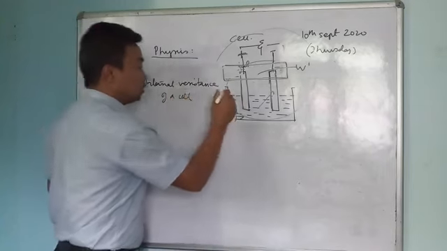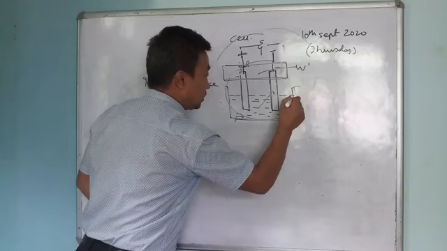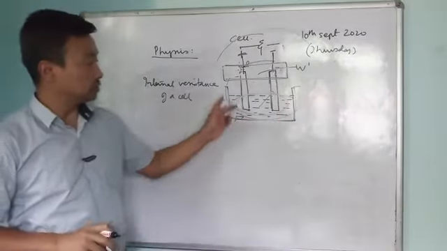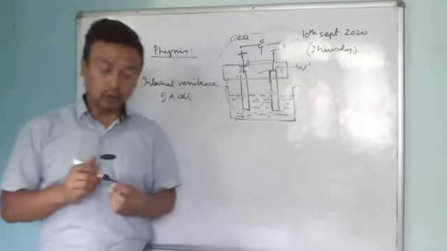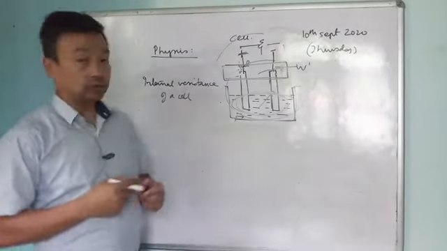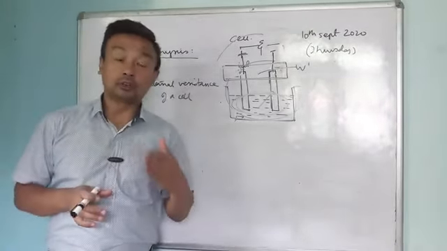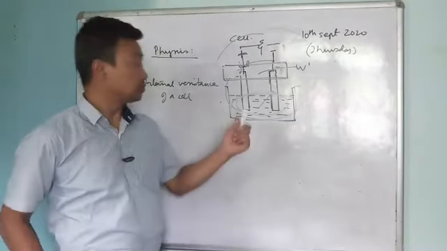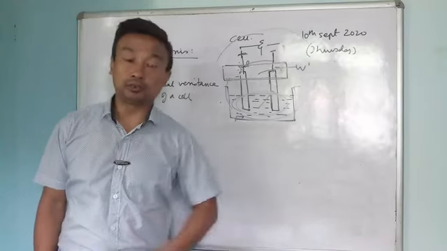So when you talk of the internal, you talk of this electrolyte, that is there inside the vessel of a cell. So what is this internal resistance? All of you know that the resistance is the obstruction offered to the flow of the current in a conductor. So here also you have a similar definition.